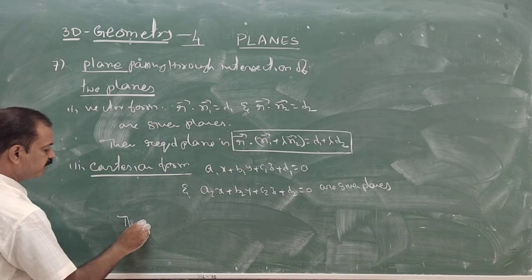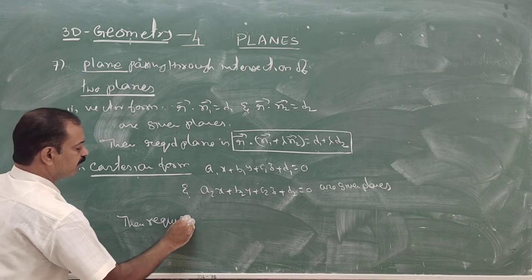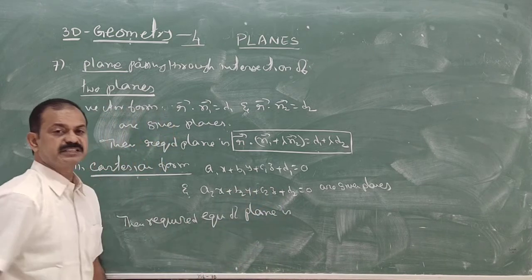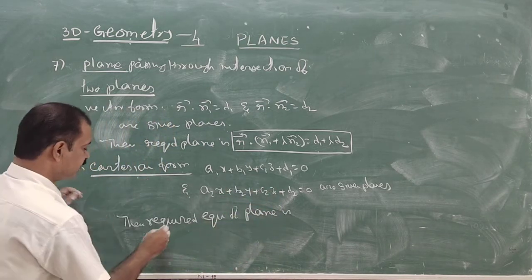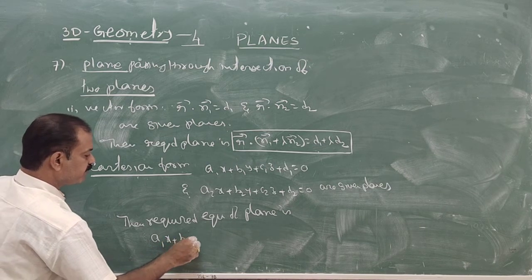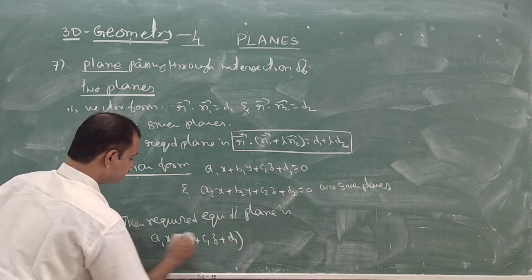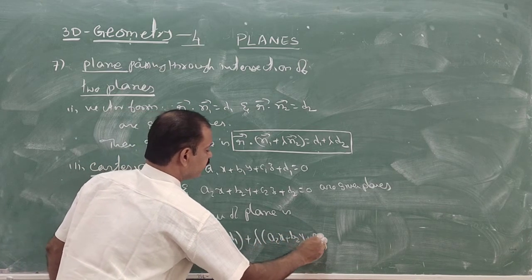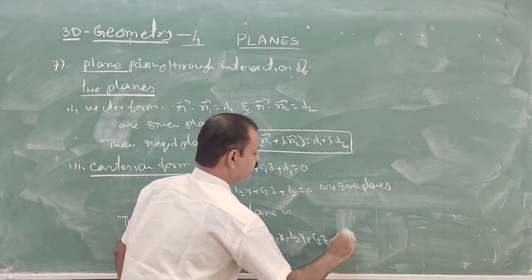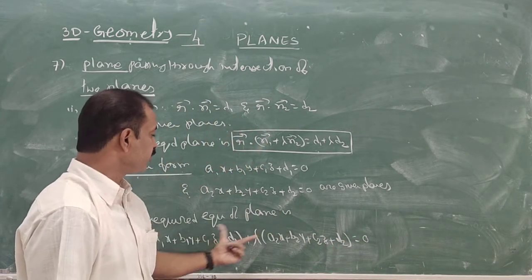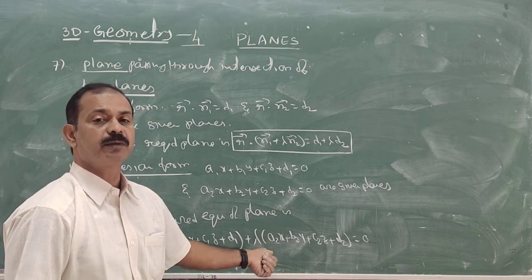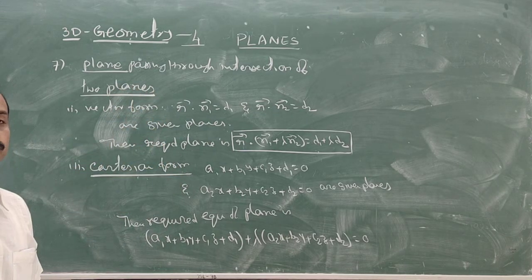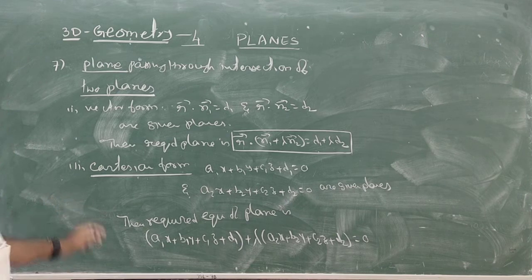Then the required equation of the plane, that means a plane passing through the intersection of these two planes, is a1x plus b1y plus c1z plus d1 plus lambda times (a2x plus b2y plus c2z plus d2) is equal to 0. You are joining both the planes by using a scalar multiple. So I hope this is clear. This is about the plane passing through the intersection of two planes. Still some more concepts are there.